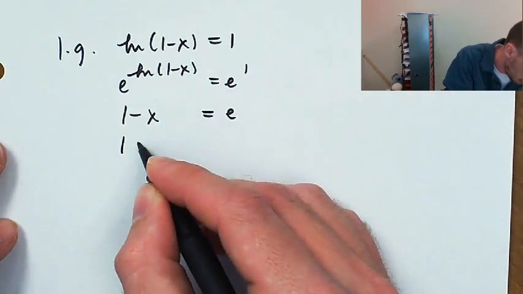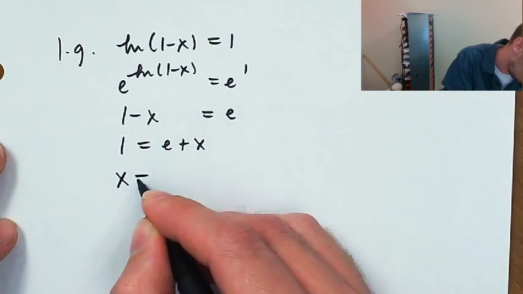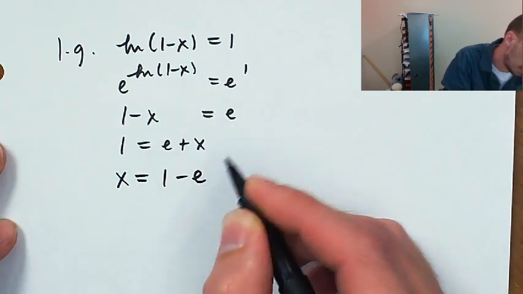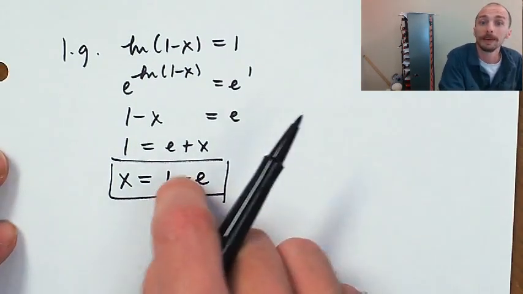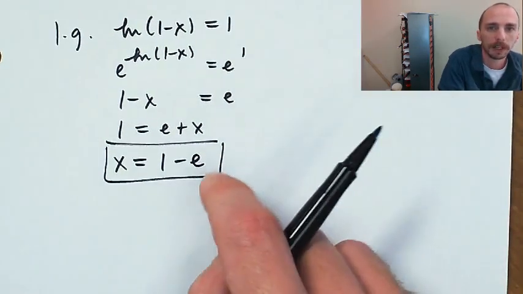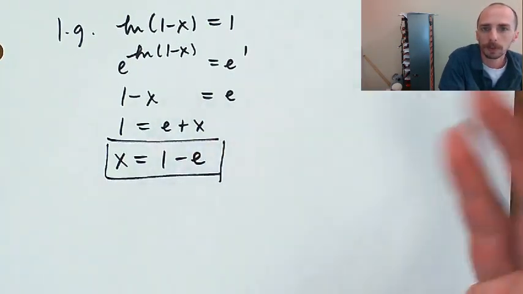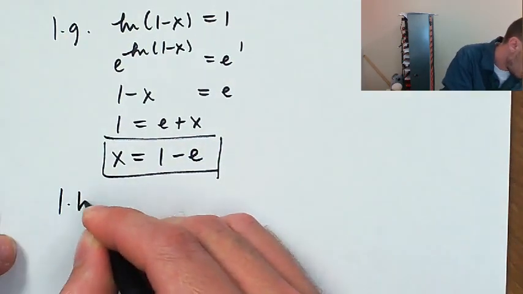I don't usually do that. 1 equals e plus x, and we're solving for x, so I'm going to subtract an e from both sides, and I get x equals 1 minus e. Okay. And that's an exact solution, right? It did say, yeah, give an exact value. Okay. An approximate answer would be if I made e 2.718, whatever, got this as a decimal.